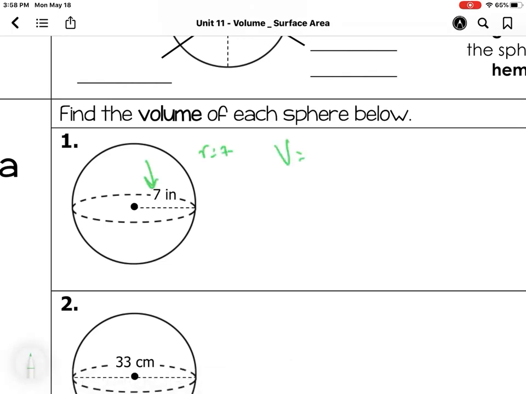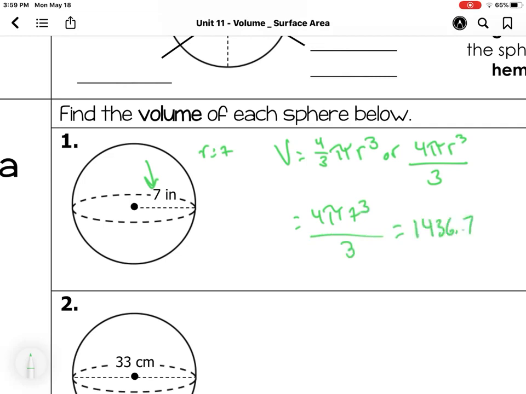We know volume equals 4/3 pi r cubed, or 4 times pi r cubed divided by 3, whichever one you want. So we have 4 times pi, the radius is 7, we cube that and divide by 3. Plug that into our calculator, we get 1,436.76 cubic inches.